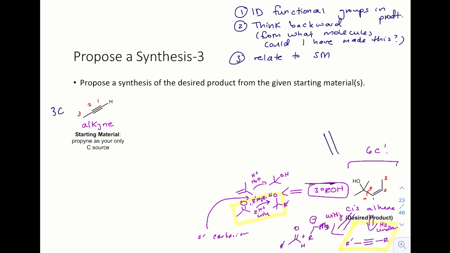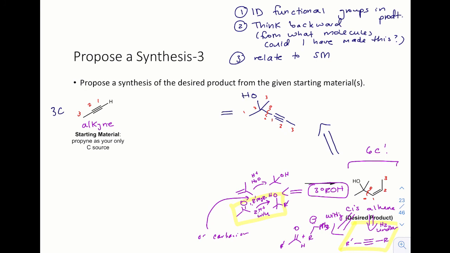Given that analysis, let's write out the structure of the alkyne that would have been hydrogenated to generate the cis alkene. Okay, it would look like this. So we have 1, 2, 3. That bond needs to be made at some point, and then these 3 carbons here will have to come from another molecule of propyne.